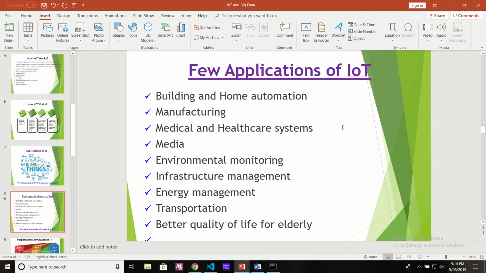If in case an elderly person has fallen down because of some disease or some illness, the sensor will pick up that the person is not moving, is not performing anything, he's maybe unconscious.